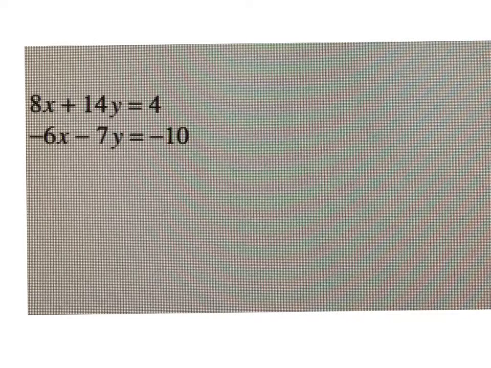What I mean by that is, if I multiply this second equation by 2, my y's in this equation are going to become negative 14y, canceling out my positive 14y from my other equation. I'm going to go ahead and rewrite this. I have 8x plus 14y equals 4. And if I multiply the second equation by 2, I get negative 12x minus 14y equals negative 20.